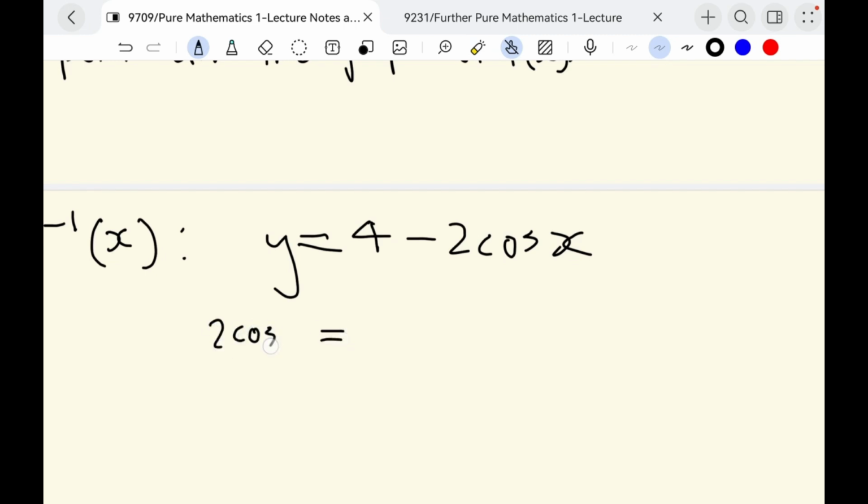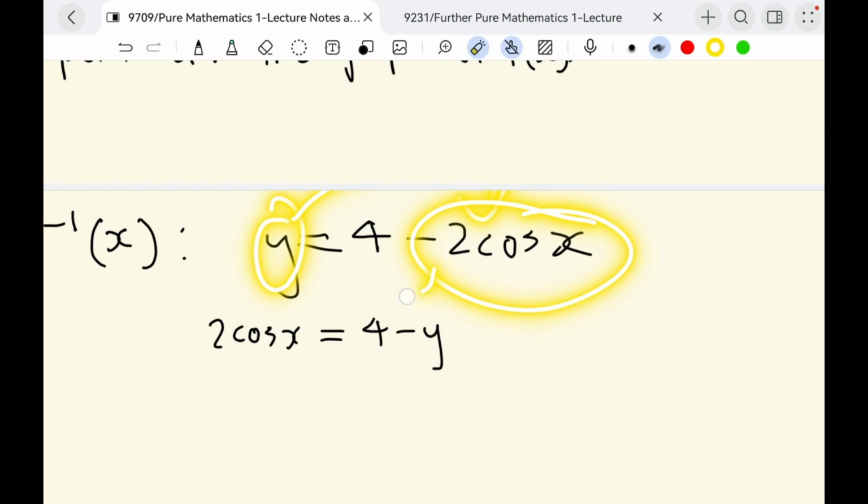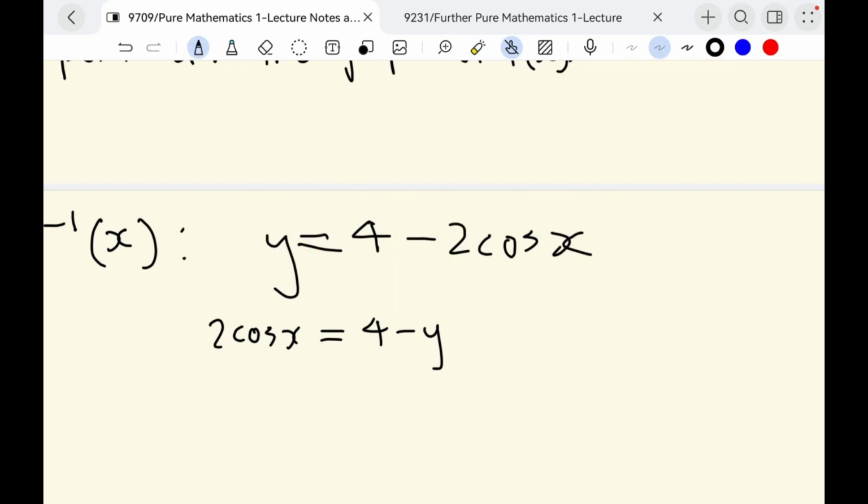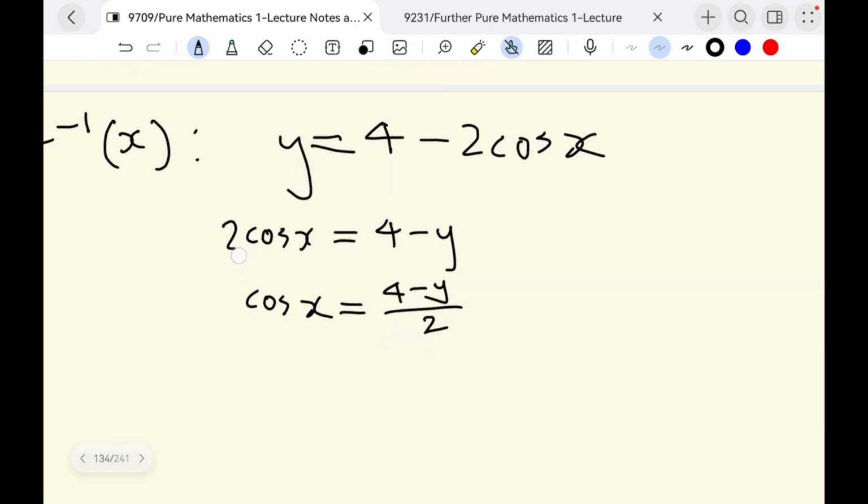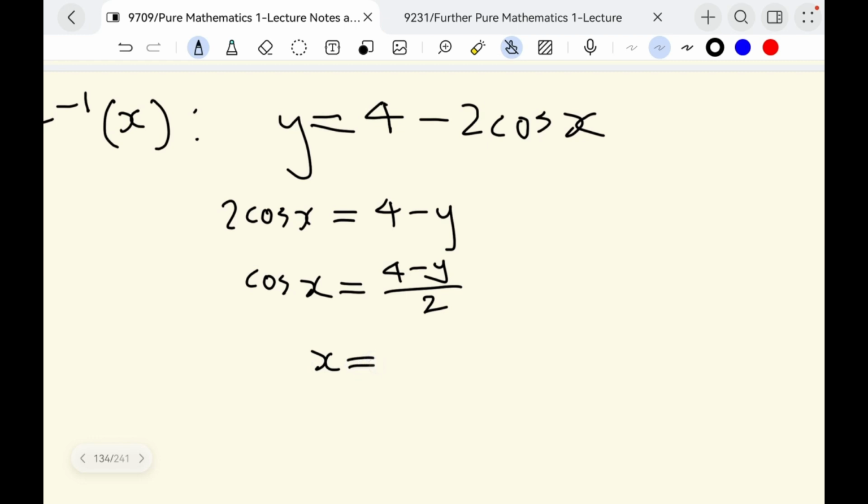So this is how it works. 2 cos x equals 4 minus y. Okay, y move to right hand side to get negative, and for the 2 cos x, move to the left hand side to get positive. Divided by 2 on both sides. And then take the inverse cos, arc cos.